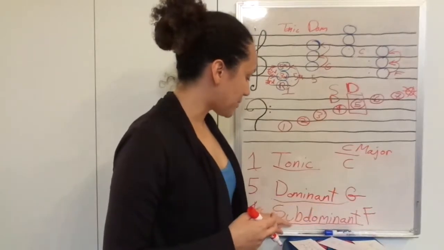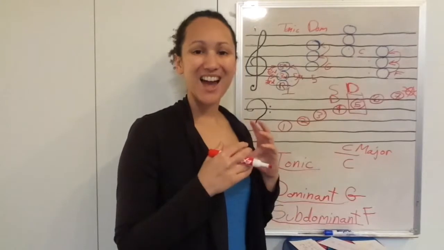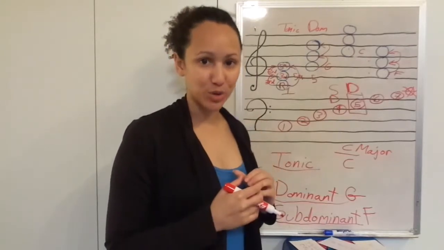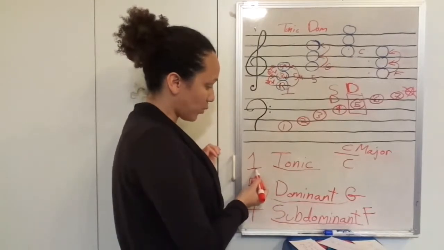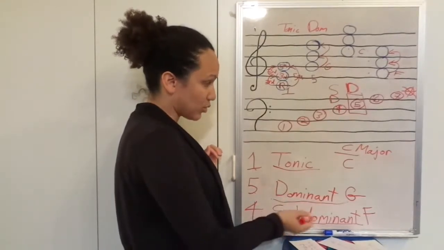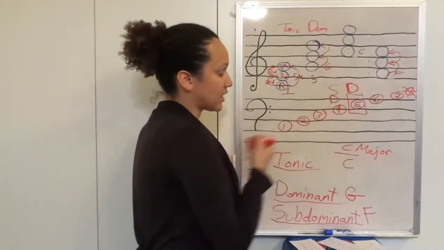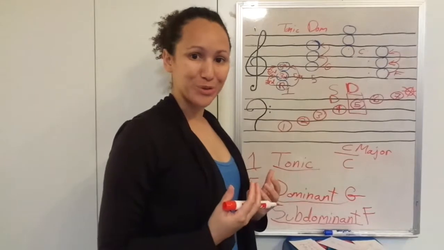F for the subdominant. Now the other thing that we have to talk about is actually the Roman numerals. You see, when we identify these, we don't actually put a number 1 or a T, a D, S, or whatever, S, D I think I put here. We actually use Roman numerals.